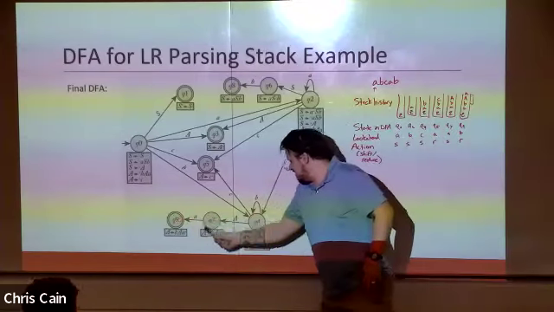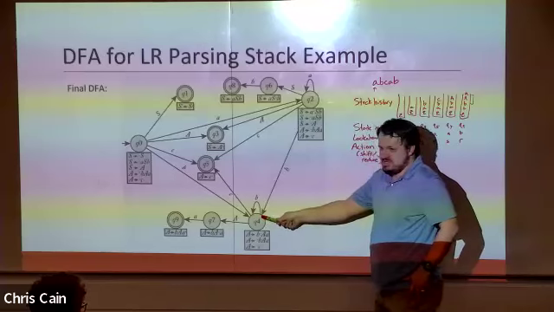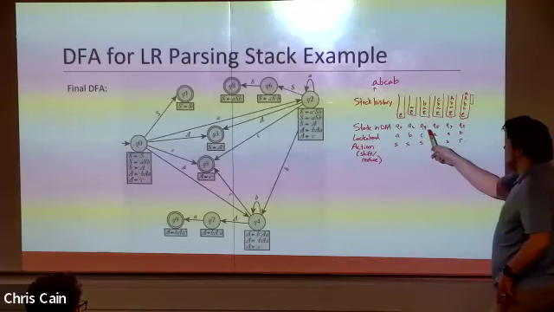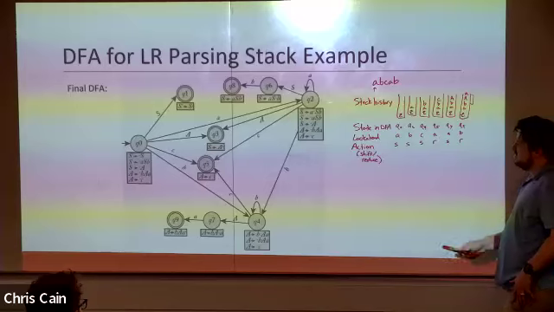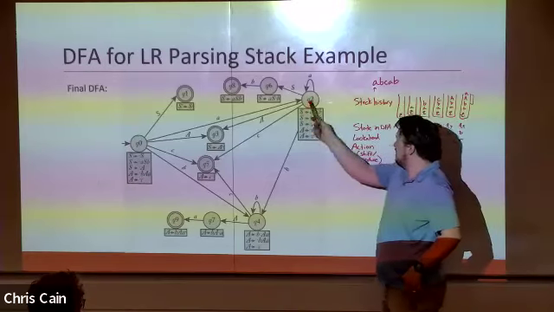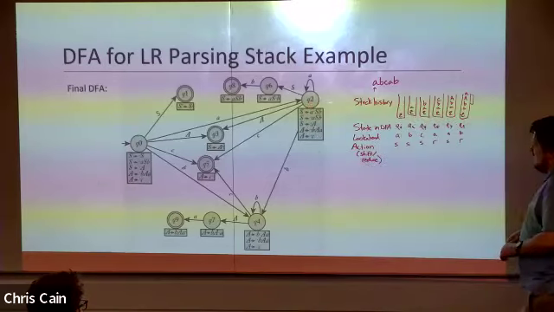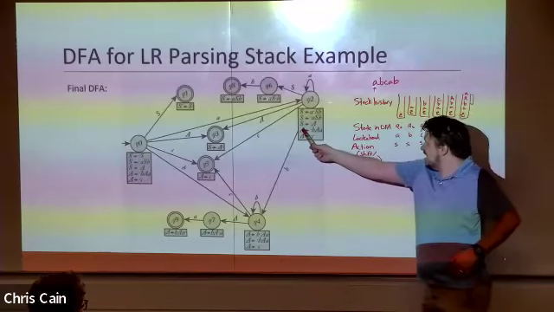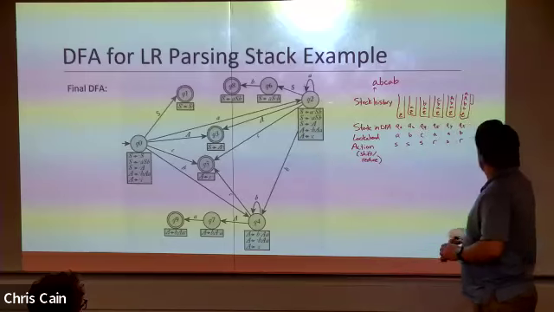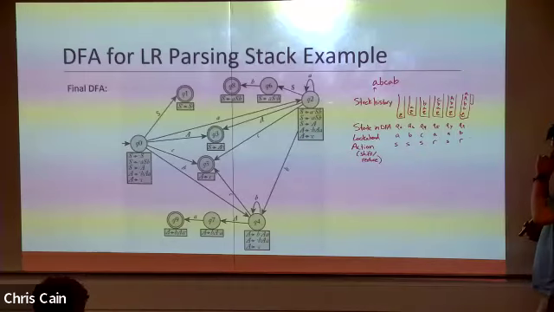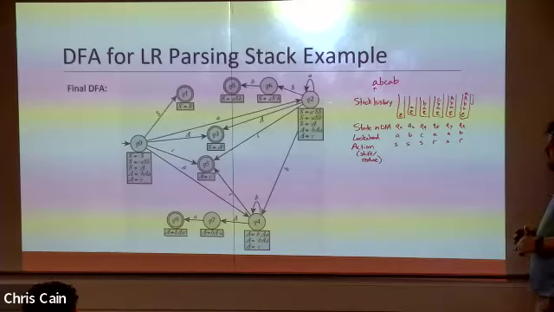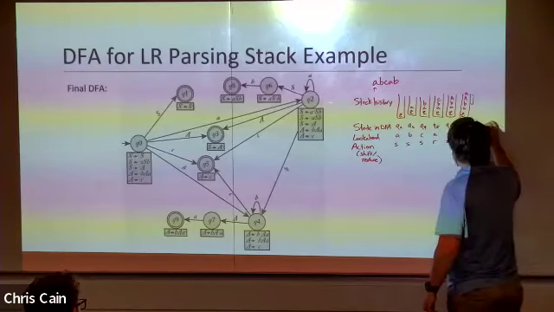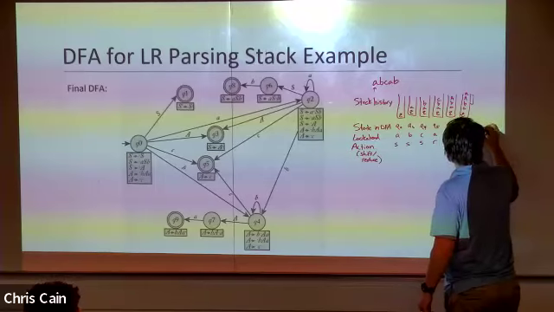We're going to go backwards: the A, the capital A, and the B. Where did we come from when we put that B on? We went from Q2 to Q4. So we're going to go backwards all the way to Q2. And that BAA produces what? It produces an A. So we go back all the way to Q2 and then shift on that capital A, which puts us in Q3. So the next state is Q3.